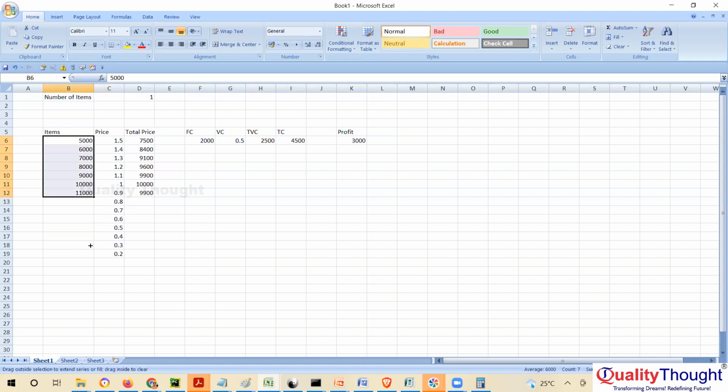And second, you see, the variable cost is 50 cents. To make one item, you are spending 50 cents. So can you reduce the price below 50 cents? You cannot, because that's a definite loss. Let's say, for a training institute, for every 1 hour I have to pay 1,000 rupees, and from students I'm collecting 100 rupees per hour.